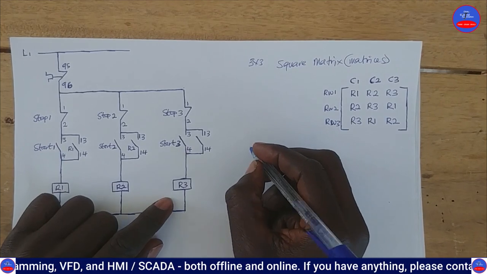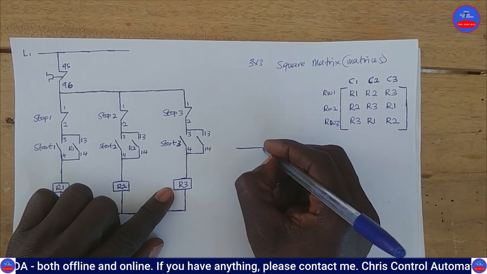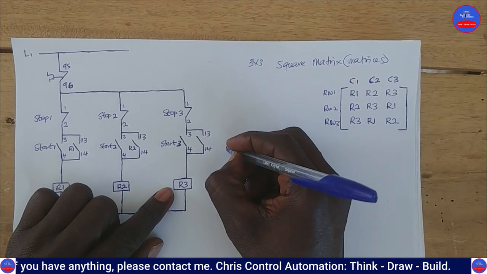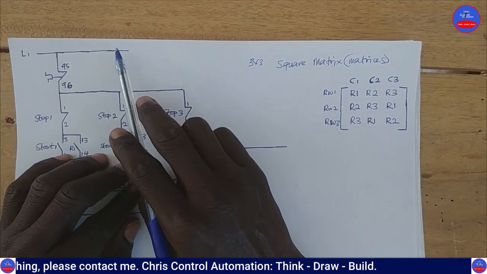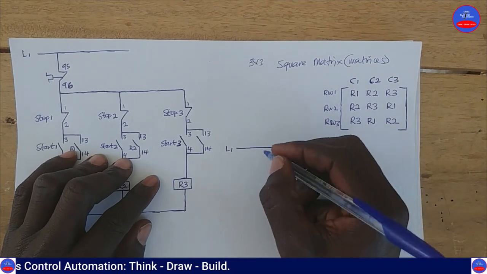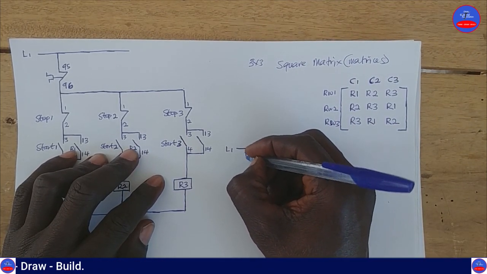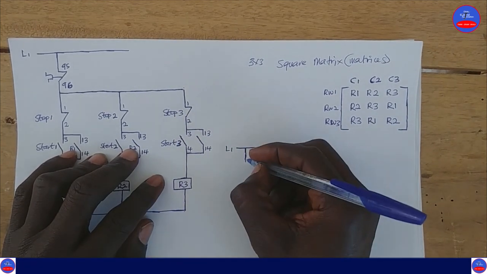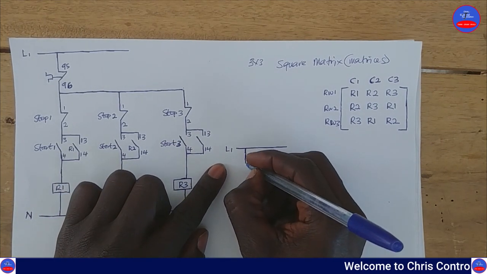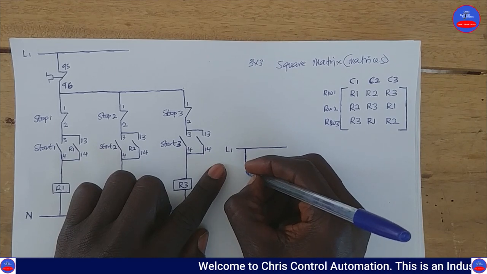So let's assume this is our line 1, L1, the same line. You tap from here. This is R1, so this is going to be a normally close contact.